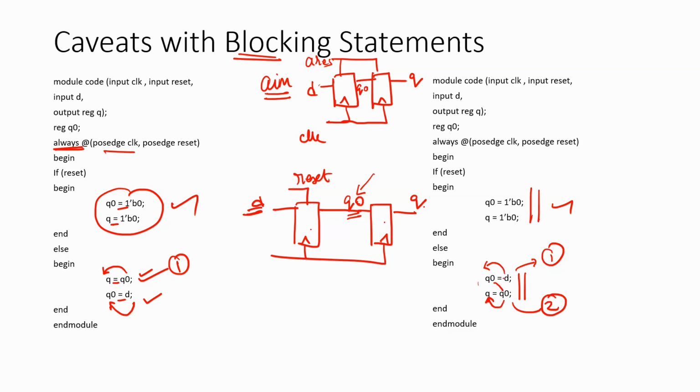Whereas here that is not the case. Q0 is assigned the value of D and Q is getting the value of Q0, so by the time Q is assigned, Q0 already has the value of D. That means there is only one flop here. This is D, this is Q. This is a serious problem.